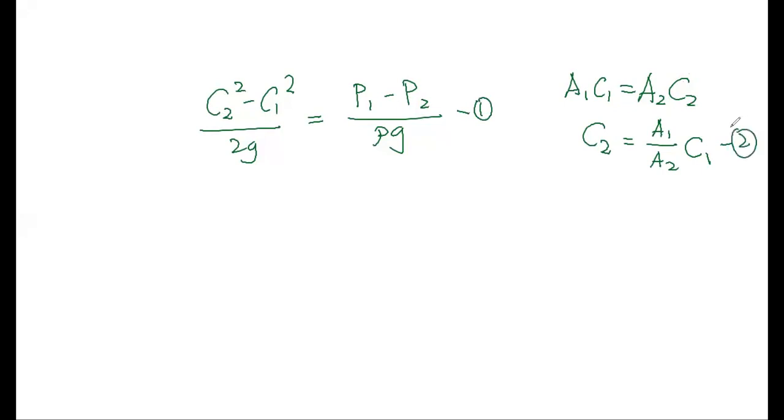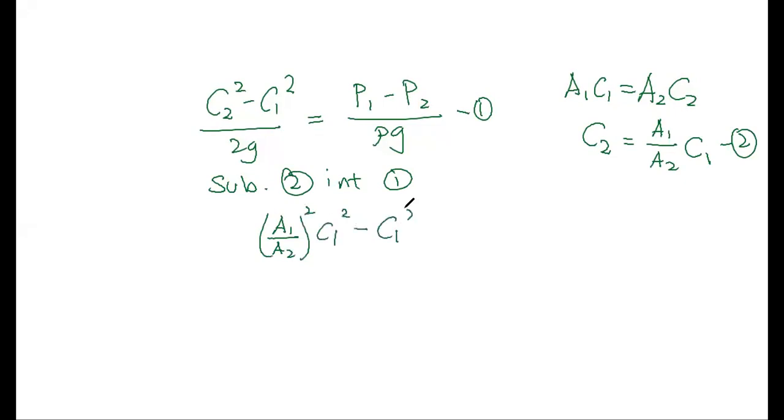So I will substitute equation 2 into equation 1. This one will become A1 over A2 square C1 square minus C1 square over 2G equals P1 minus P2 over rho G.